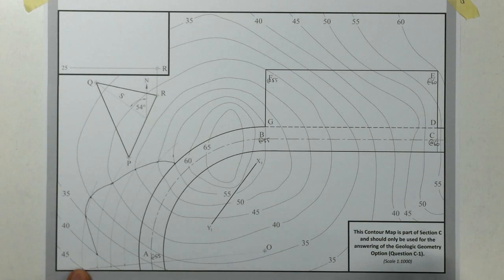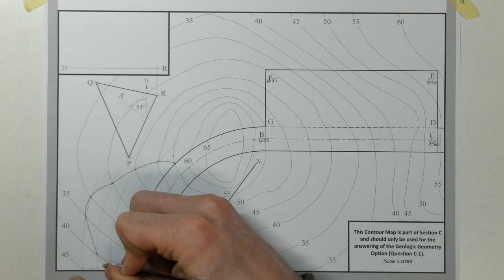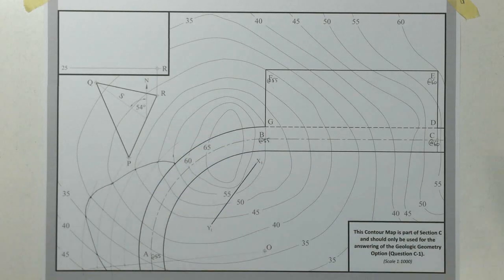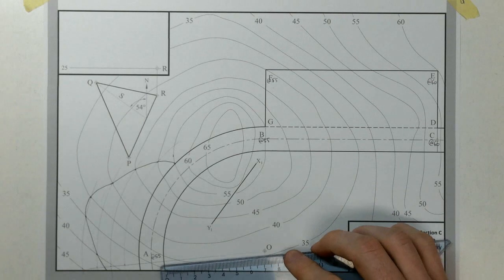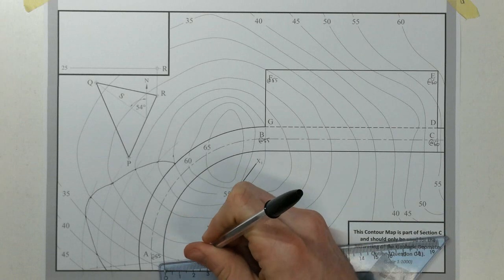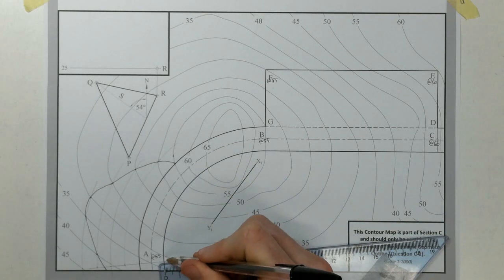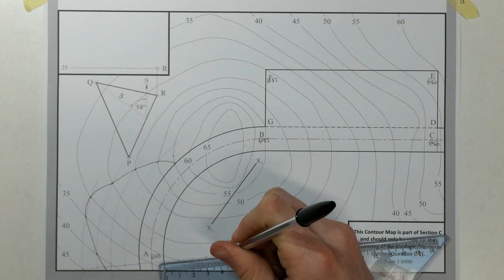I don't know where that's going to finish, but it is somewhere out here, so just extend it out. I also should have done the inside of the line here. There are also going to be 10mm intervals, so we've got 55, 50, 45, 40, 35.